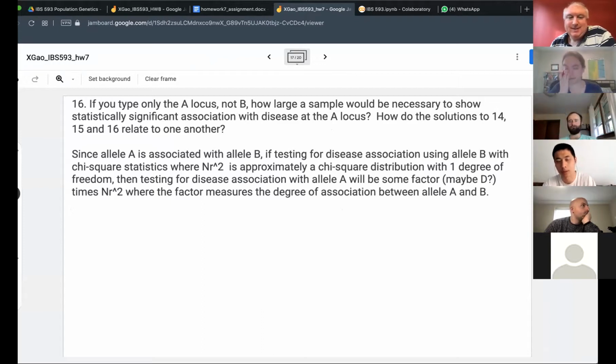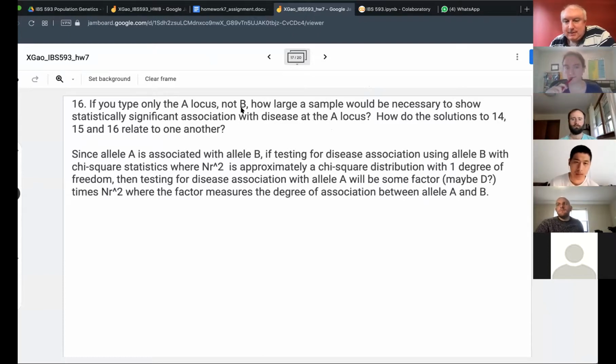I'm just using a heuristic argument instead of computing the solutions for 14. If I have two loci A and B, maybe I should draw this instead.